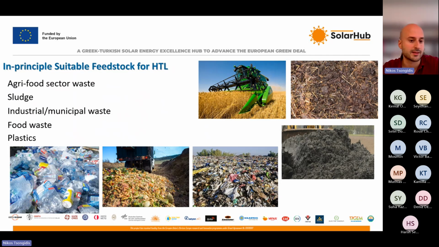And lastly, we have plastics, both recyclable and non-recyclable ones. Of course, as I already told you, we tend to prefer non-recyclable plastics in order to produce our biofuel. So these are the main categories. Of course, this can be further expanded through all types of organic materials as well as polymeric materials.